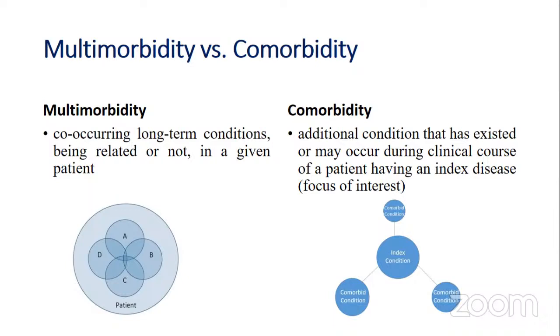These are two different conditions, so it would be multimorbidity. But when we talk about comorbidity, there always has to be one index condition or index disease, which is the focus of interest. Based on that index condition, other additional conditions may exist or may develop during the clinical course of having that index condition.